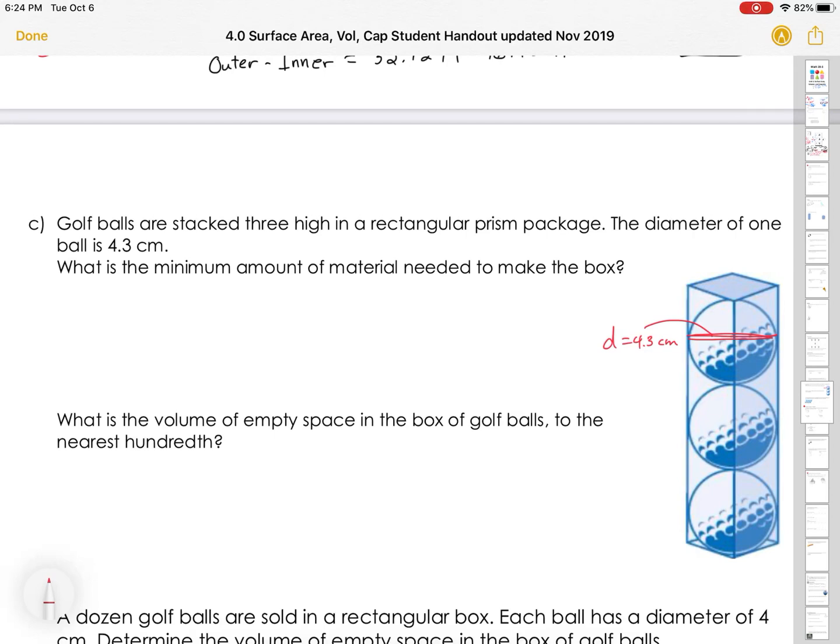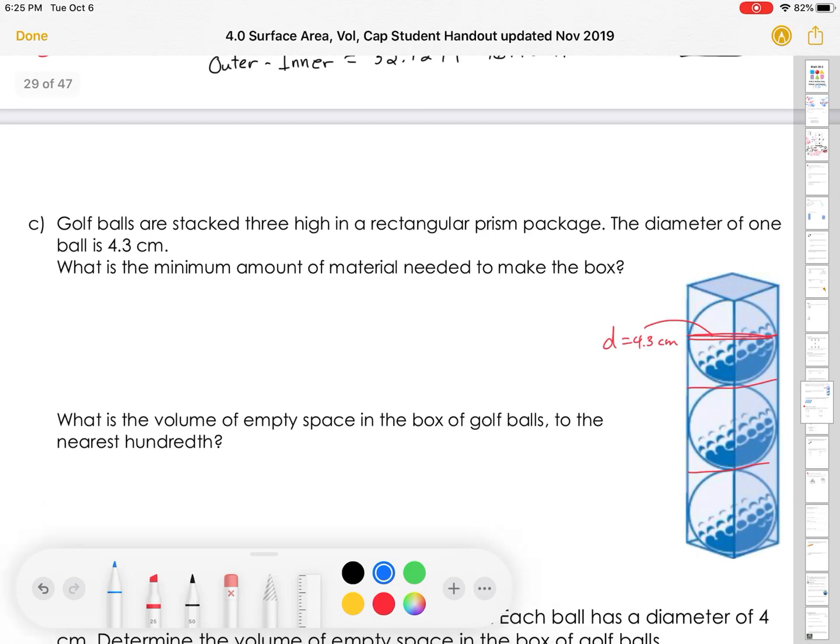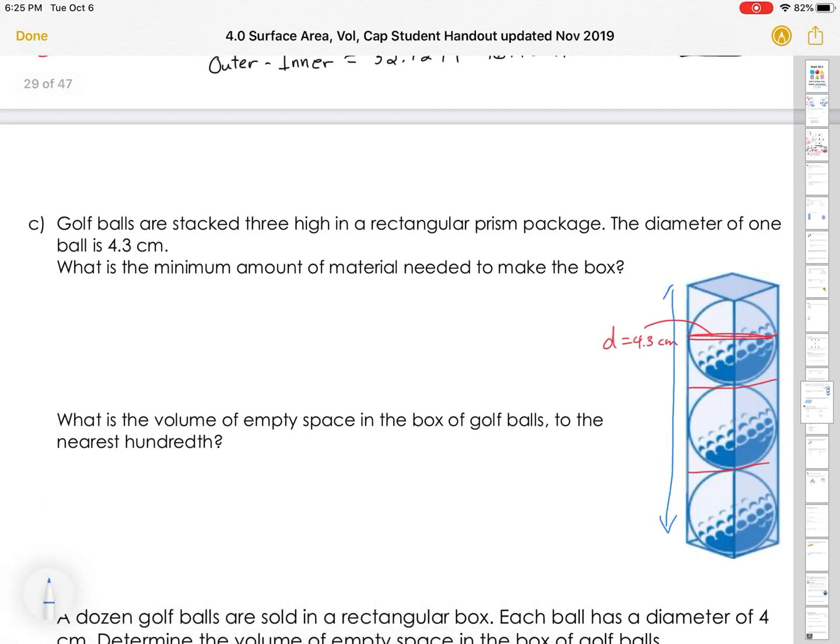Okay? And it says we've got 3 stacked high, so that means we've got 3 diameters going up, correct? Yes, we do. So each of those is going to be 4.3. So that means that that whole height is going to be 3 times 4.3.